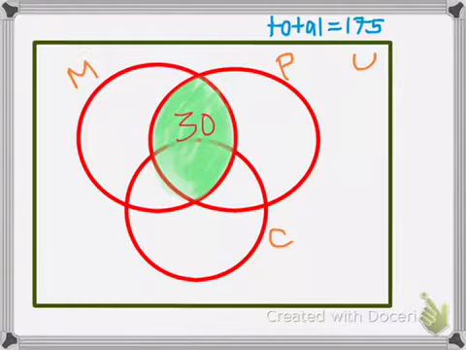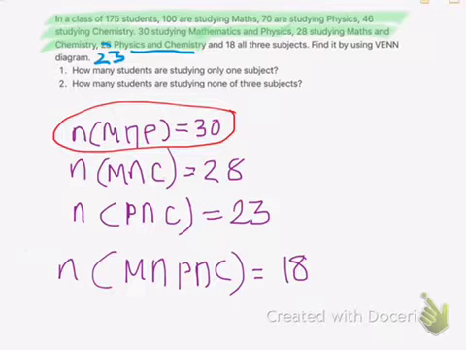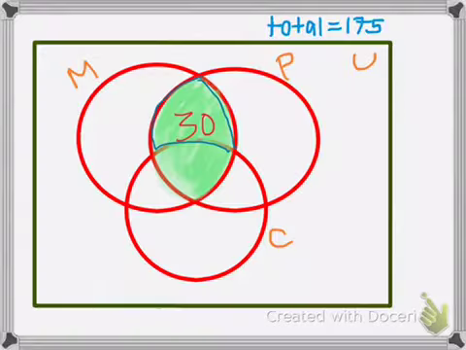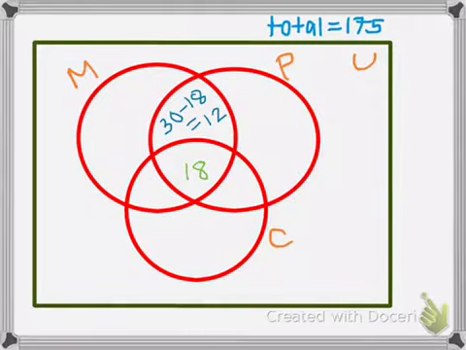To find this portion, the students studying maths and physics only, we have to subtract the middle part, the intersection for all, from 30. So this on solving gives 12.